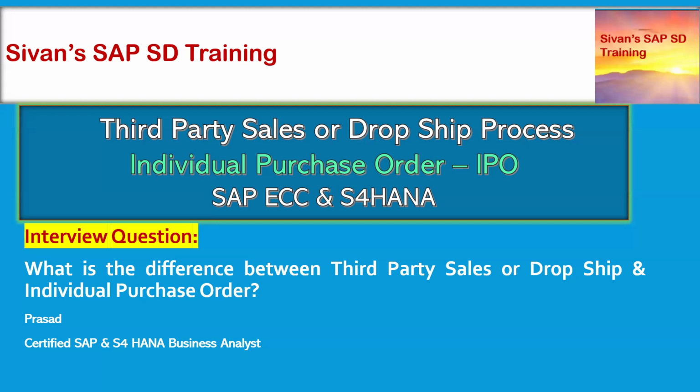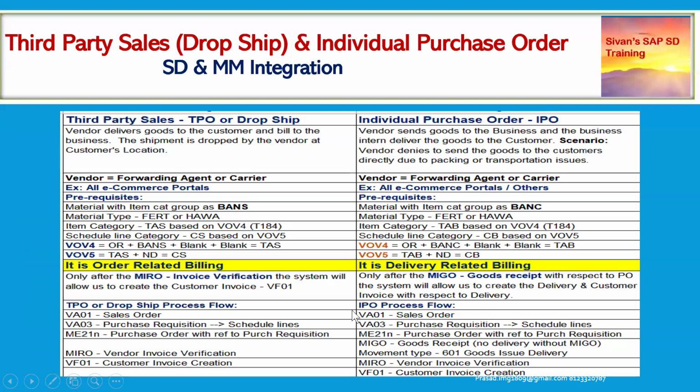So how are we going to differentiate, how are we going to identify it, and how are we going to understand the complete end-to-end process? Third-party sales are also known as the dropship process. Let me get into the next slide so that you will clearly understand it.